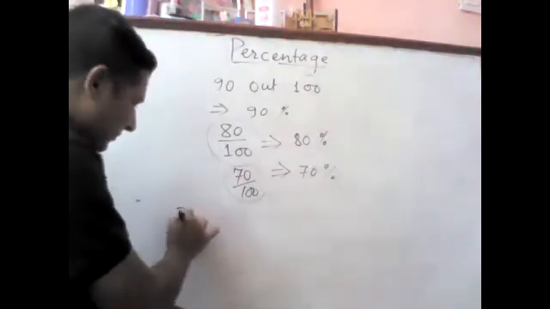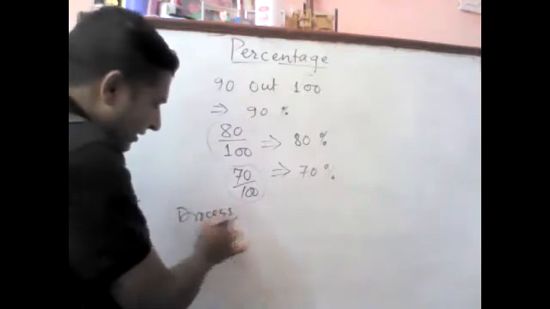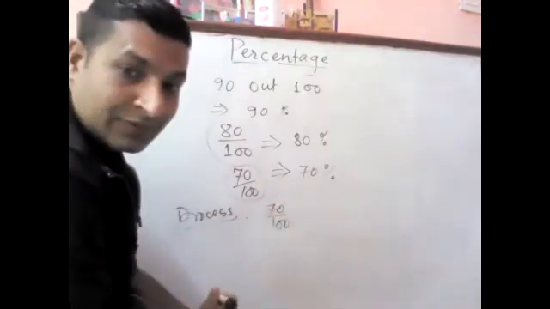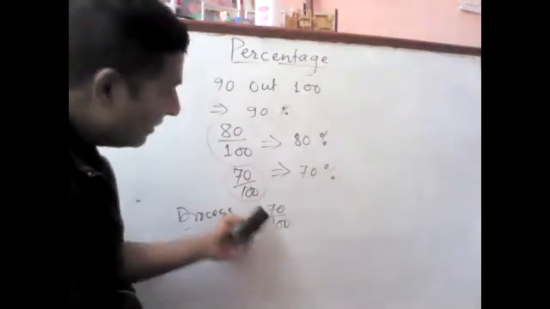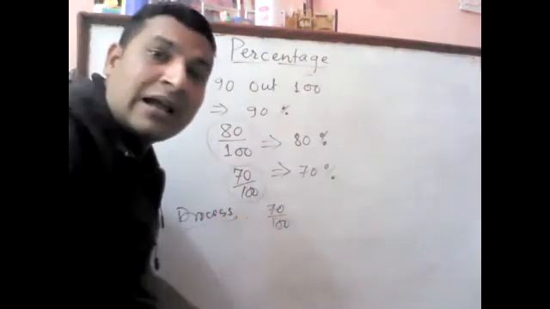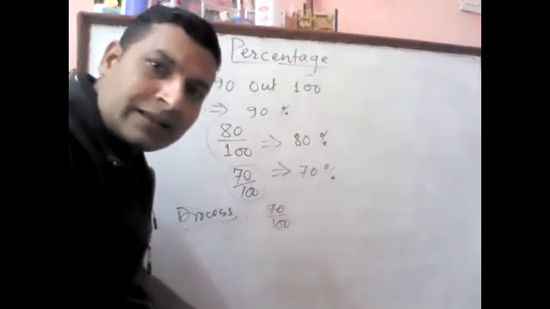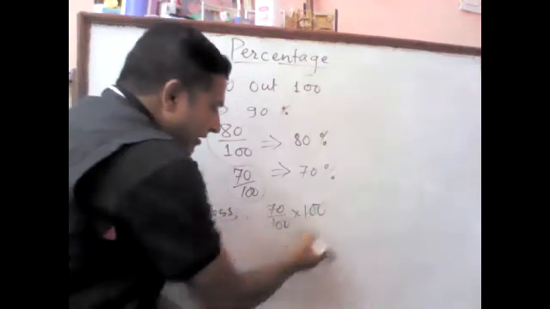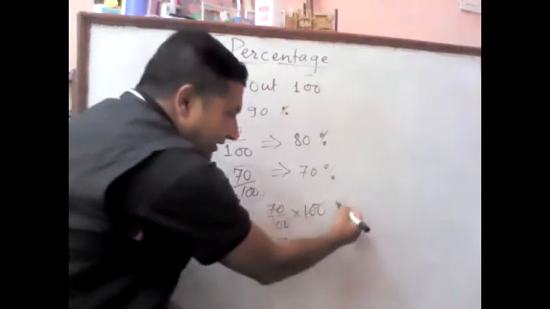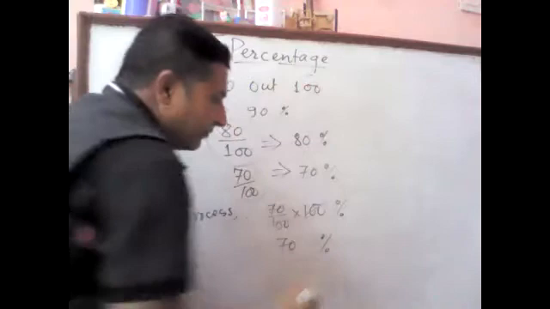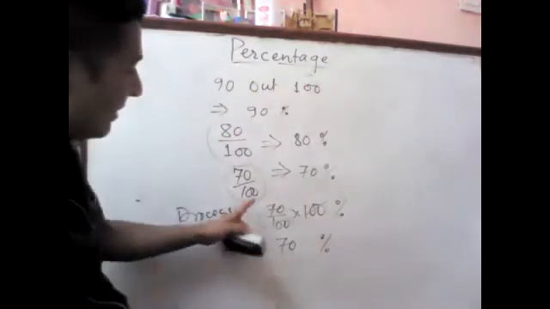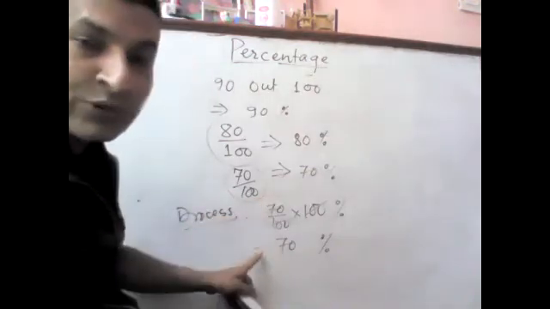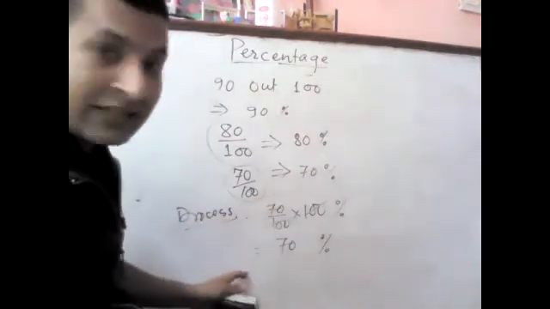What is the process? 70 out of 100: the full marks are 100, marks obtained is 70. If we multiply by 100, 100 and 100 cut, we get 70. So this is the percentage. 70 out of 100 is equal to 70 percentage, and this is the process to find out the percentage.